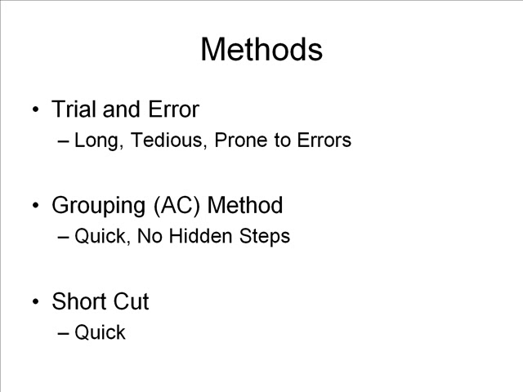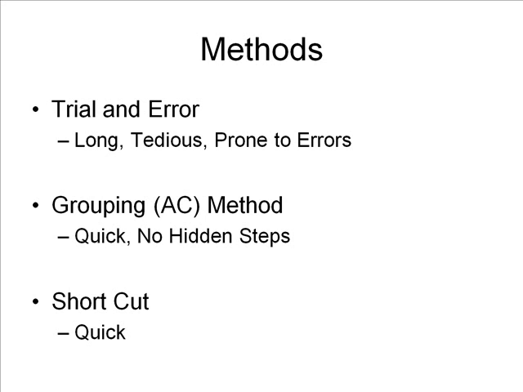While teaching, I came across the grouping AC method. Some books call it grouping method, some call it AC method, and some call it the AC grouping or the grouping AC method. One way or the other, this method is quite common these days. It's quick and it has no hidden steps. Very little opportunity for error.